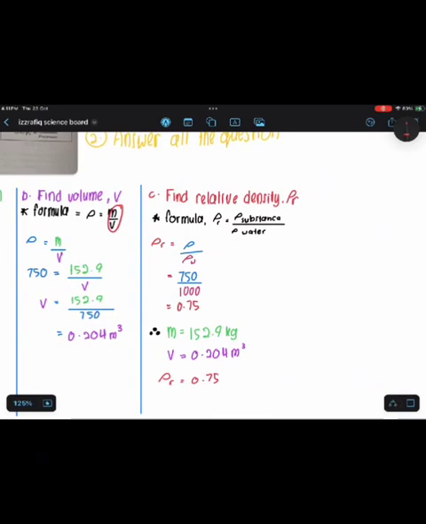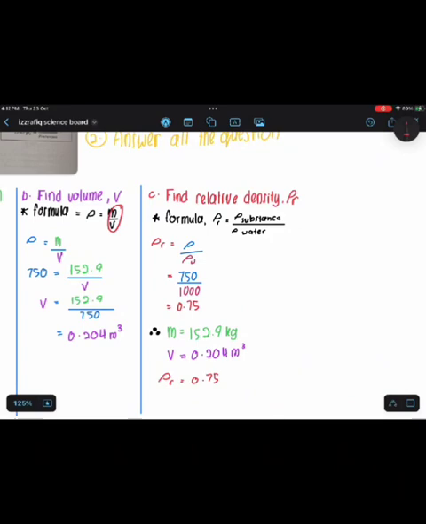Last but not least, find the relative density. From question 5, relative density equals the density of the substance over the density of the reference. The reference is the density of water, which is given as 1000.